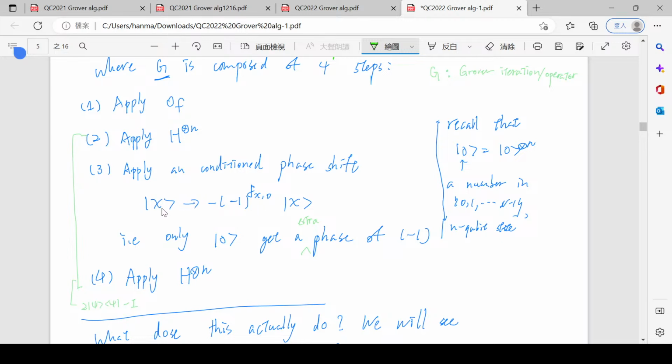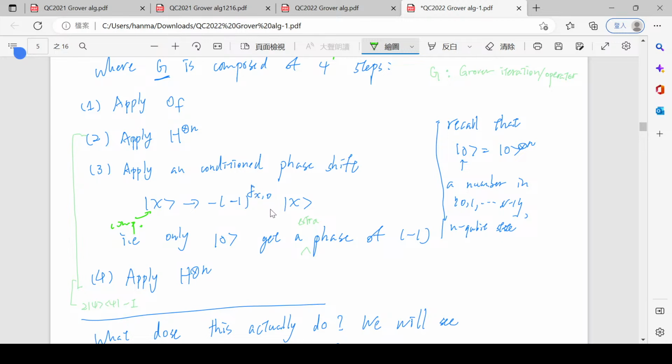You apply a gate such that you map |x⟩ to another |x⟩, where those x are computational basis states, as always. So you map computational basis states to computational basis states with an extra phase.